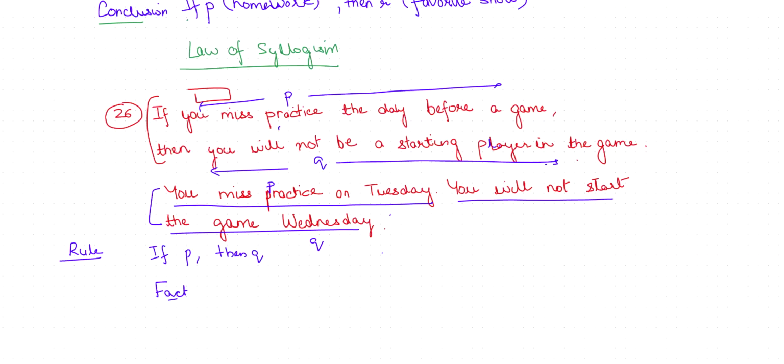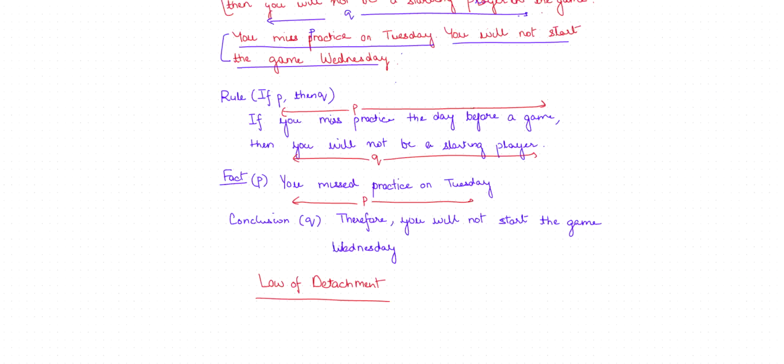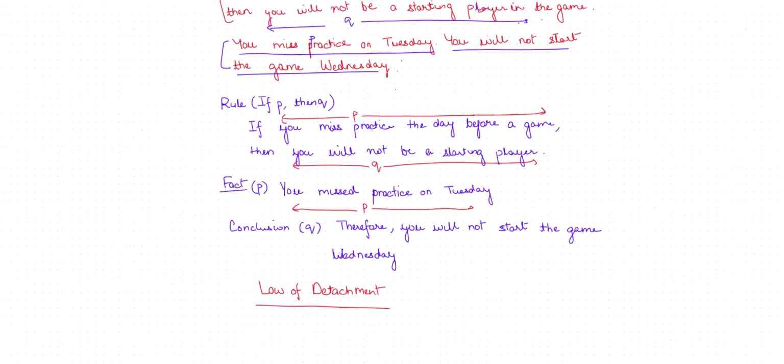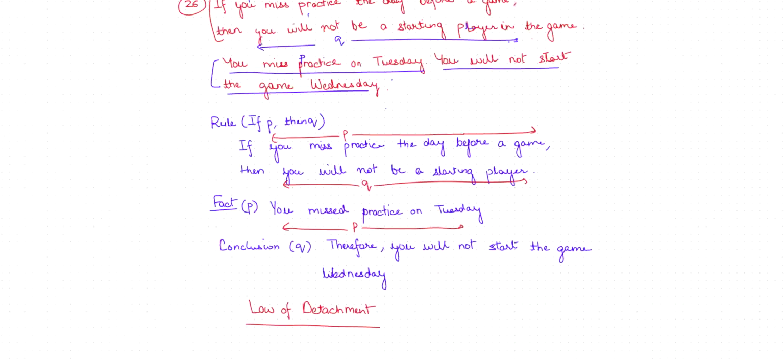Now the fact is you miss practice on Tuesday. So the conclusion here is you will not start the game Wednesday. So this is an example of the law of detachment. So question 26 is law of detachment, because if the hypothesis of a conditional statement is true, then the conclusion is also true.